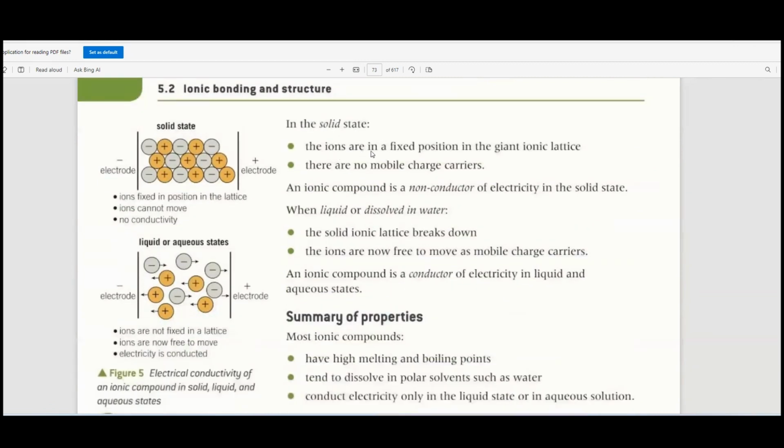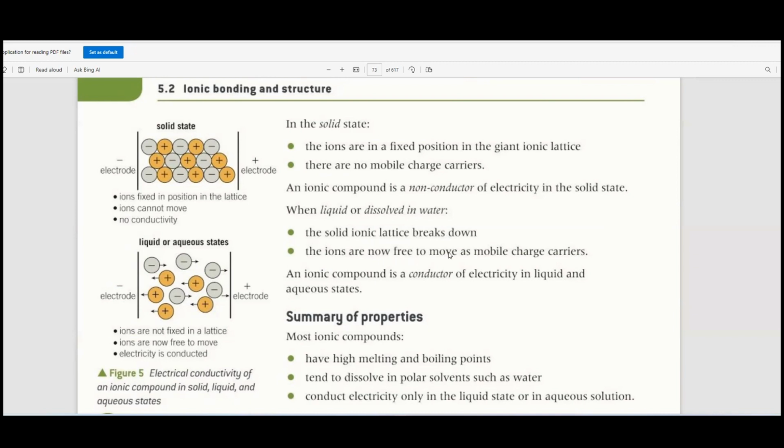In the solid state, the ions are in fixed positions. In the giant ionic lattice, there are no mobile charge carriers, so that's why they can't conduct electricity. An ionic compound is a non-conductor of electricity in the solid state. When liquid or dissolved in water, the solid ionic lattice breaks down.